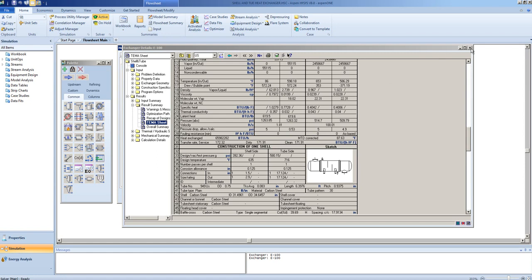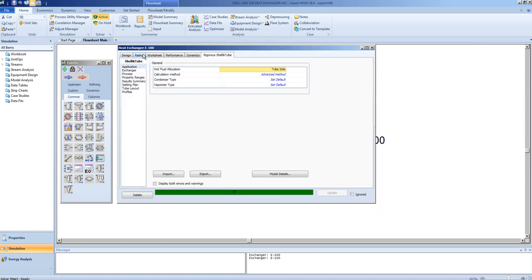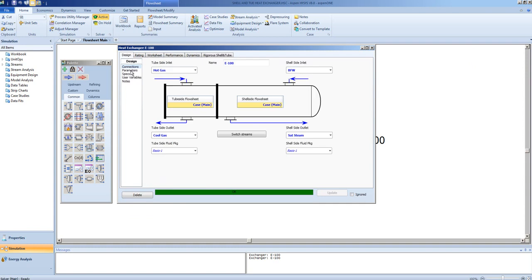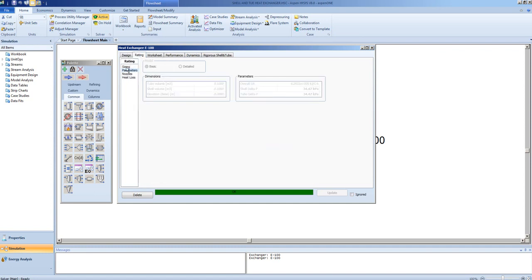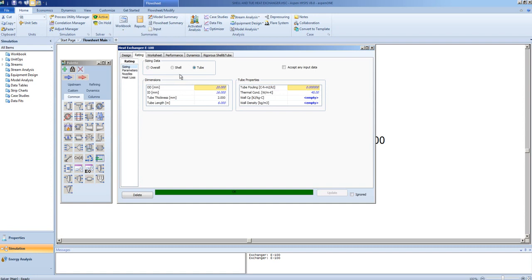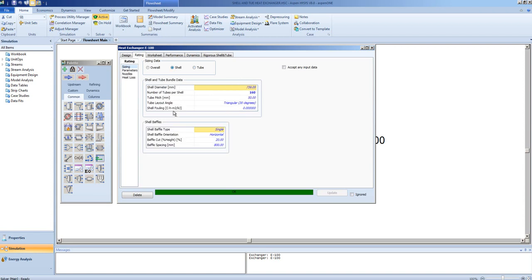You can create that exchanger, or a model of that exchanger, in HYSYS by specifying the rigorous shell and tube model and then entering the information on the model under the rating tab. Under the sizing sheet, you can fill in the information for the tubes, the shell, and overall.